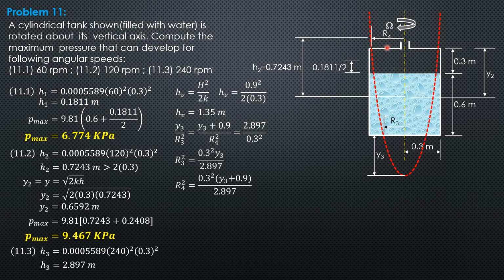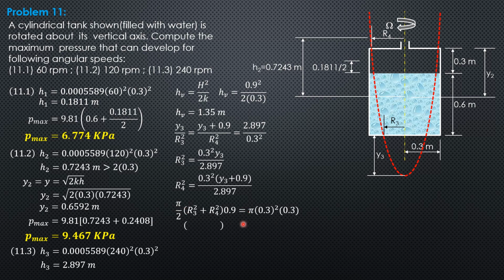Air is represented by this paraboloid of revolution with two bases, and the formula for volume is pi over 2 quantity r3 square plus r4 square times quantity h, which is 0.9, equals pi times 0.3 square times k, 0.3. So the analysis is volume of air final equals volume of air initial.